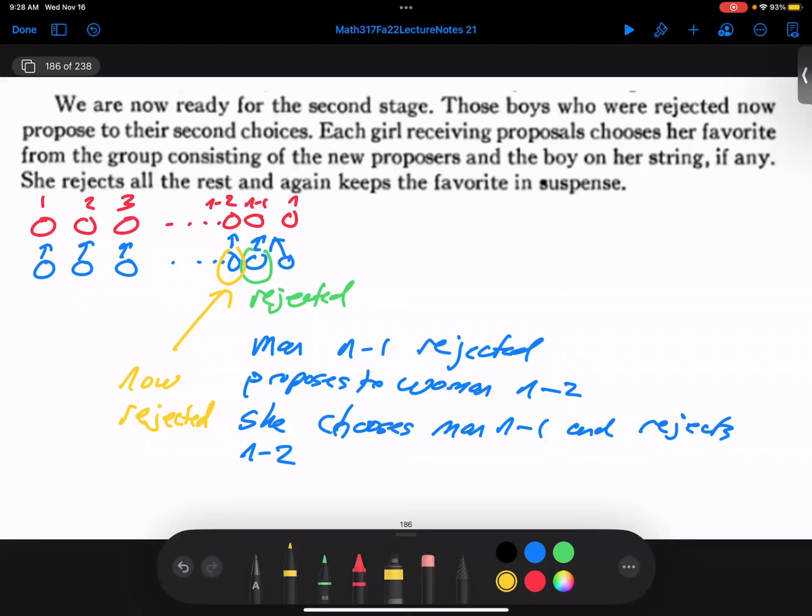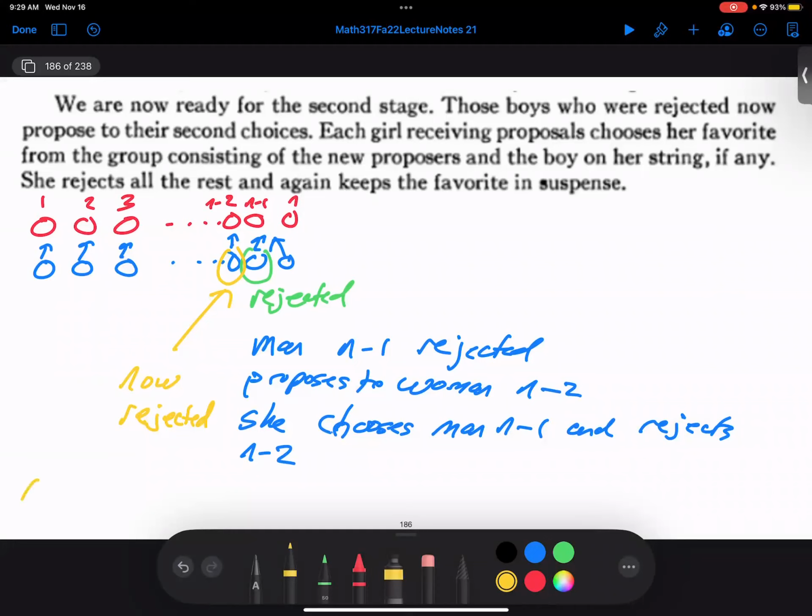Because if every man had a match, there's n men, and the only way that every man can have a match is if every woman has somebody that they're holding on a string. So if a woman doesn't have any maybes, then there has to be at least one rejected man. If there's at least one rejected man, that means we can do another round. So we'll keep doing this as long as there is a woman without an offer.